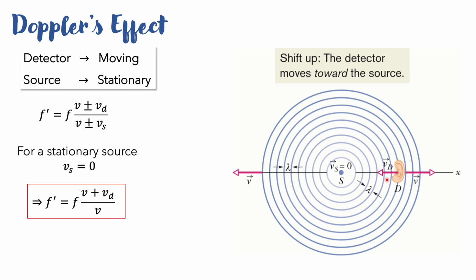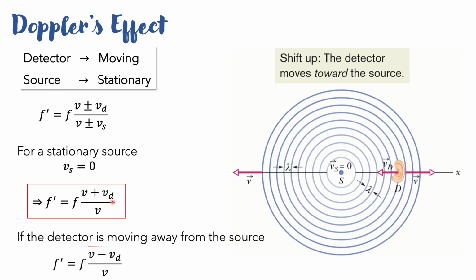Because the detector is moving towards the source, and the distance between the source and detector is decreasing, so when the distance decreases the frequency increases. That is why we put a positive sign between the speed of sound in air and the speed of the detector. If they were moving away from each other, then we will use a negative sign here.